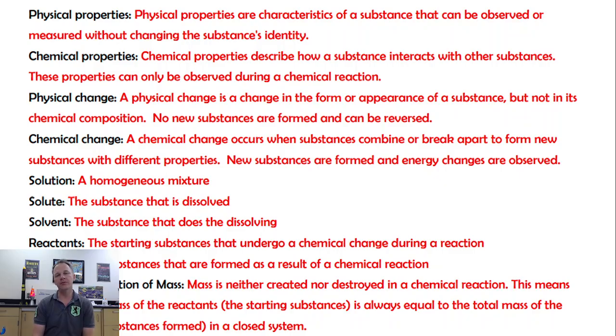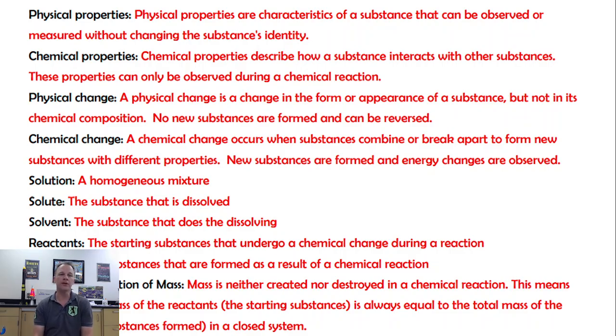But what are the differences between physical properties and chemical properties? Physical properties can be observed or measured without having to pour chemicals on the substance and see if there's a reaction.